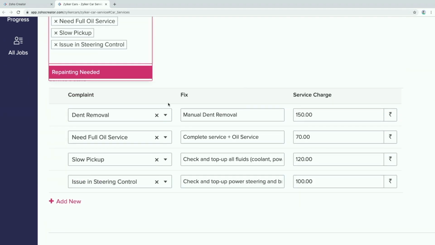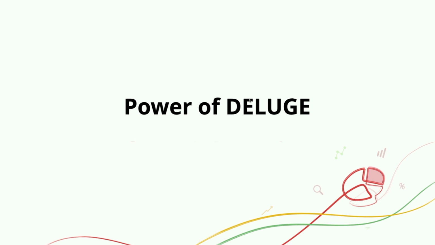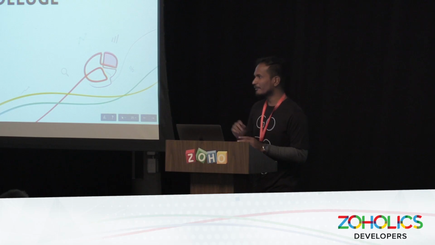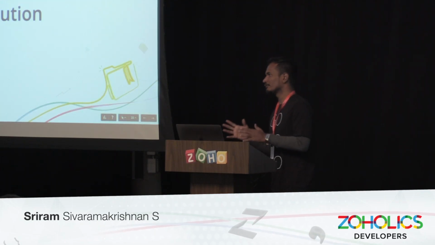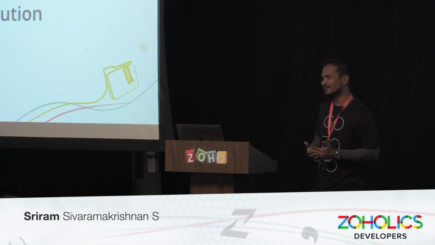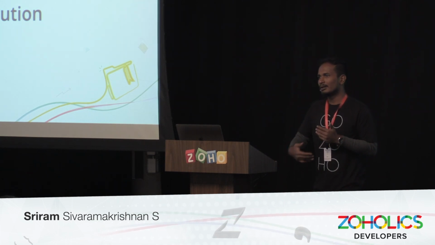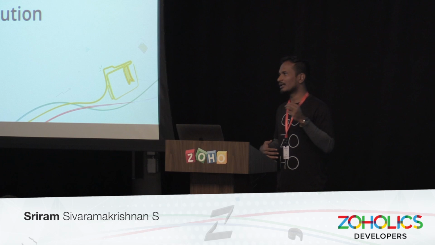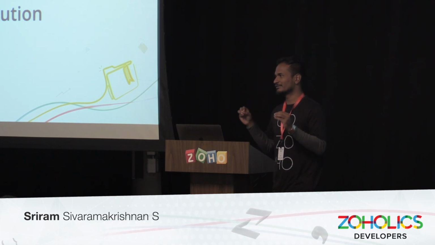All right, just like to explain you or inform you about the amount of complex operations that you can do with Deluge. Power of Deluge or the power of Zoho Creator is such that per execution, you can trigger up to 50,000 lines of code.